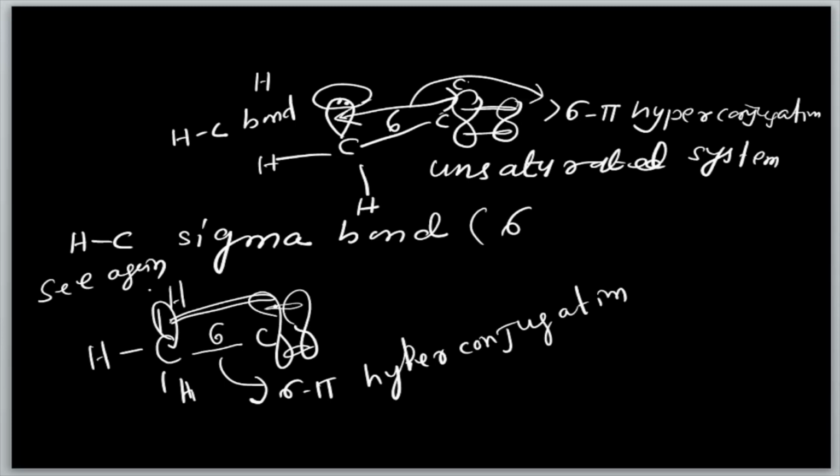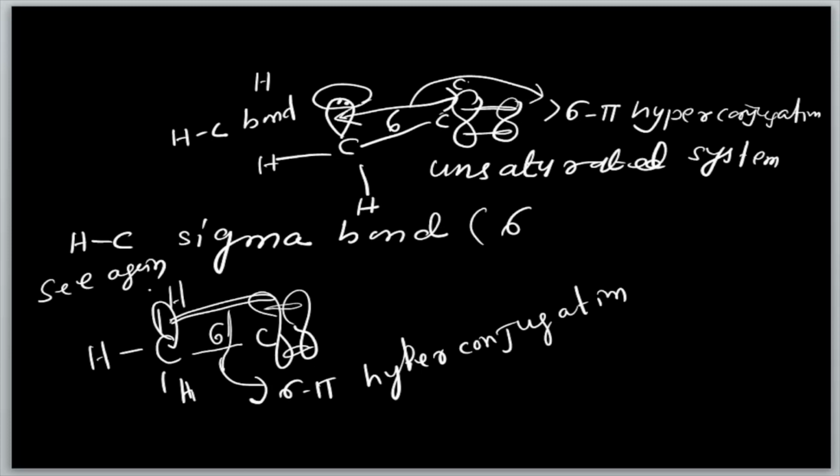And on this side the py, pz orbitals overlap laterally, forming a pi bond, and the interaction between this sigma and this pi is called hyperconjugation. That is the orbital concept.